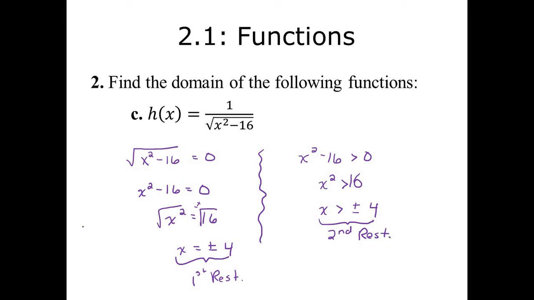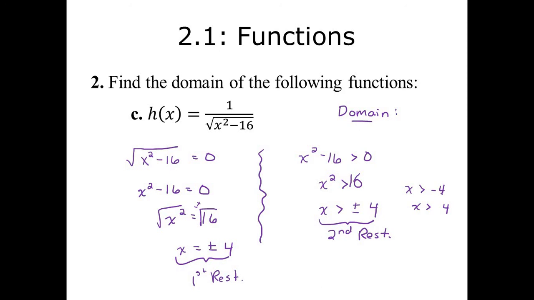Okay, so if we look at this, our values of x have to be greater than positive or negative 4, so x is either greater than negative 4 or x is greater than positive 4. But we can't have the values of positive or negative 4. So our domain here, to clear it up, of this function, we're going to start with x is greater than negative 4, because that's pretty much the lowest value that we can have.